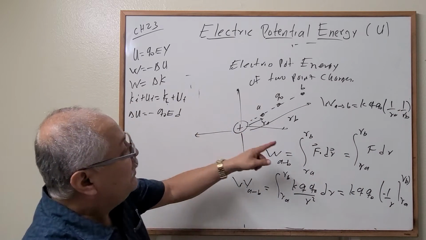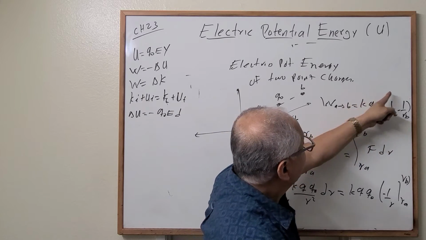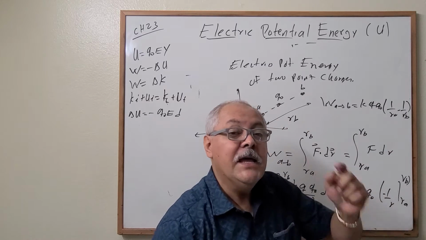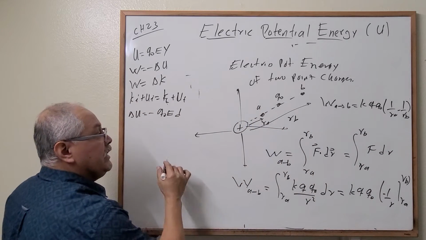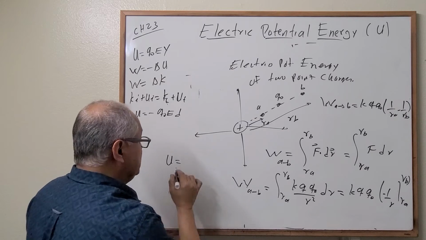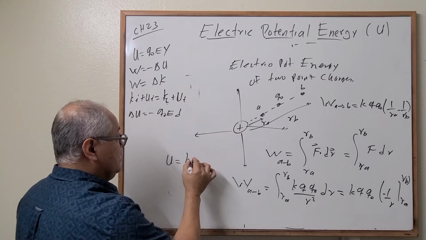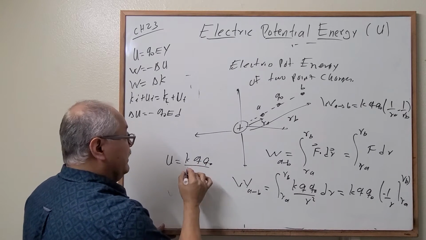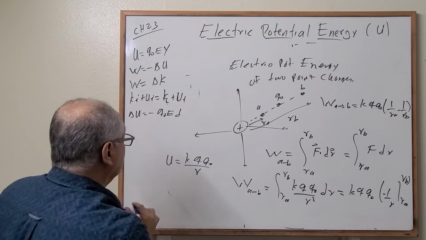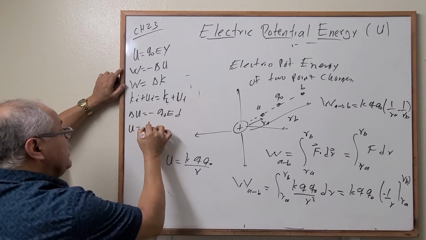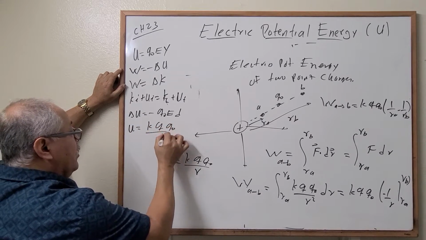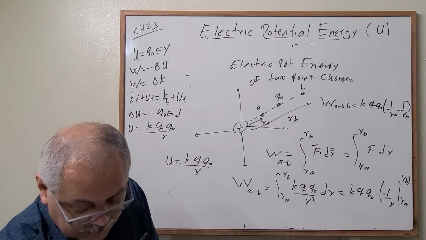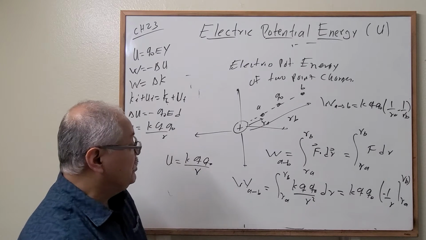And in this case, as before, we can call this the electric potential energy for a point charge. So from here we can call the electric potential energy for a point charge K Q Q naught divided by R. So again, for a point charge, we define K Q Q naught over R as the electric potential energy.